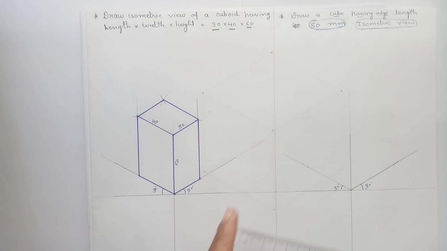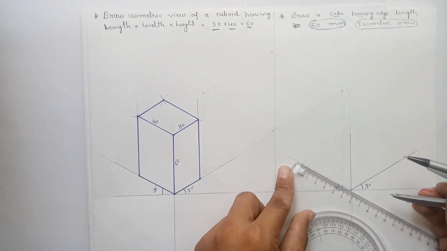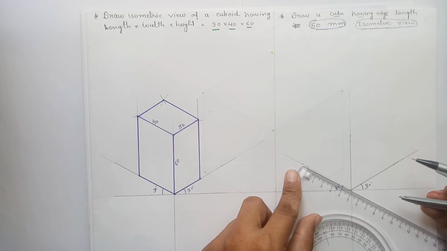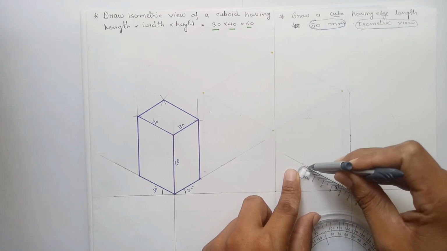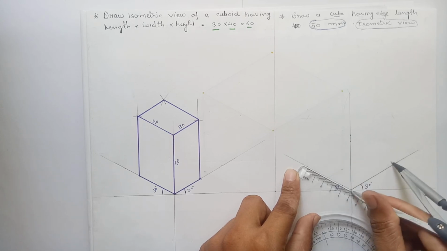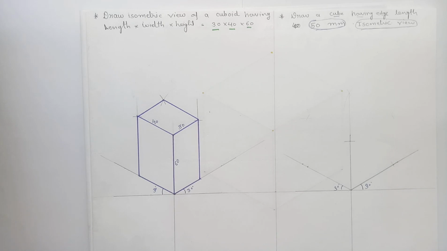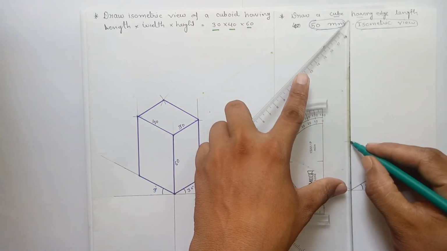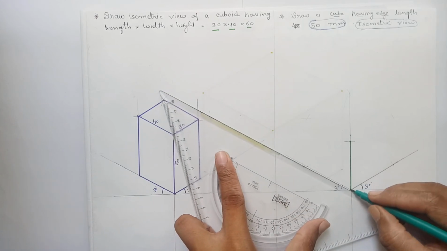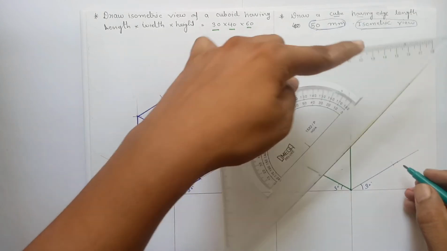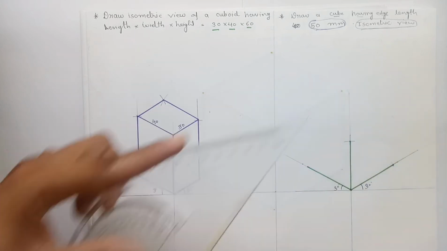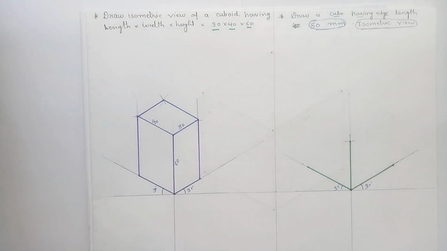Now measure 50 mm distance, so that is 50 mm length, 50 mm width and 50 mm height, because the length, width and height of the cuboid will be 50 length and 50 width, because a cube is an object bounded by 6 squares. So all the base edge lengths and all the side edge lengths will remain the same.